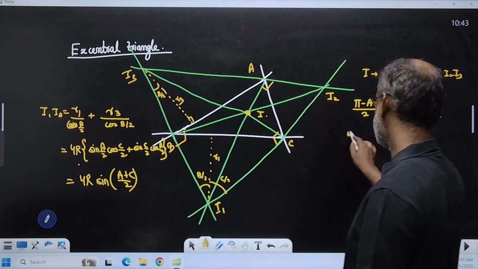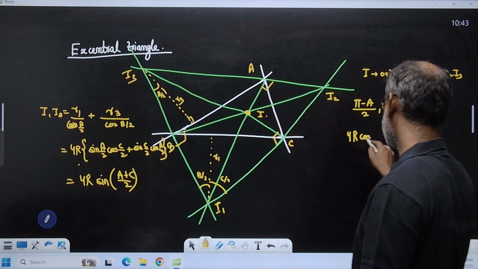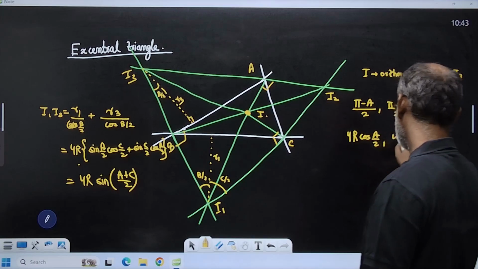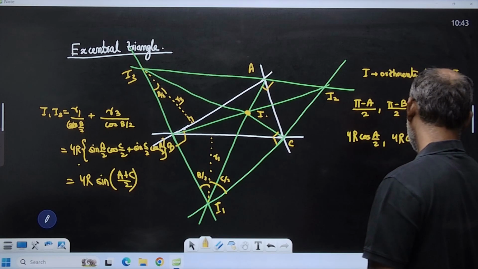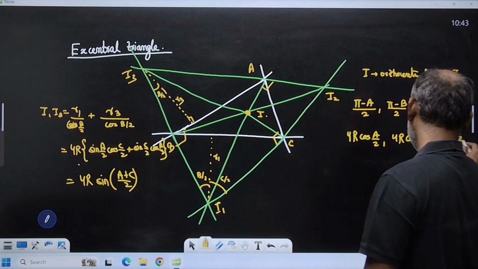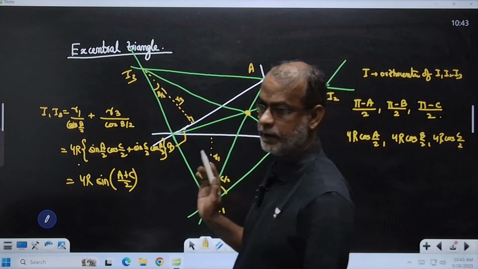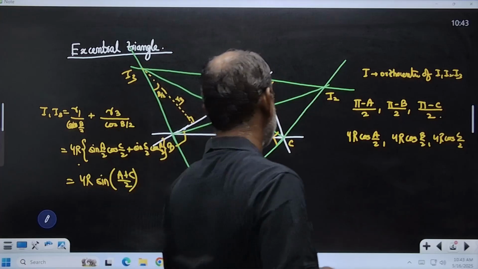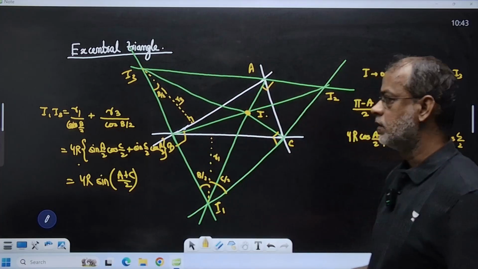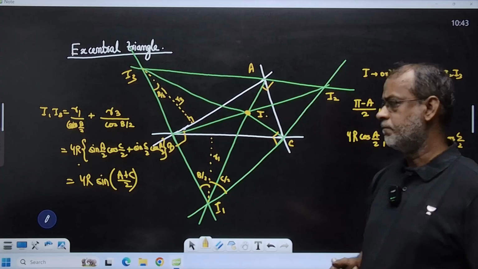Okay. So, the sides are 4R cos A by 2, 4R cos B by 2 and 4R cos C by 2. Instead of results, we must know the working. Okay. Results are rarely directly asked for. We must know how we arrived at them.